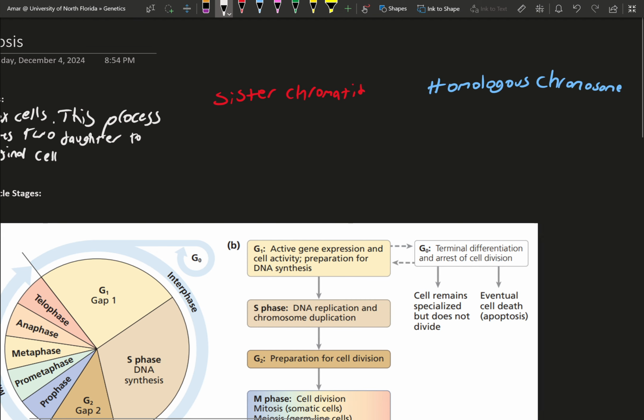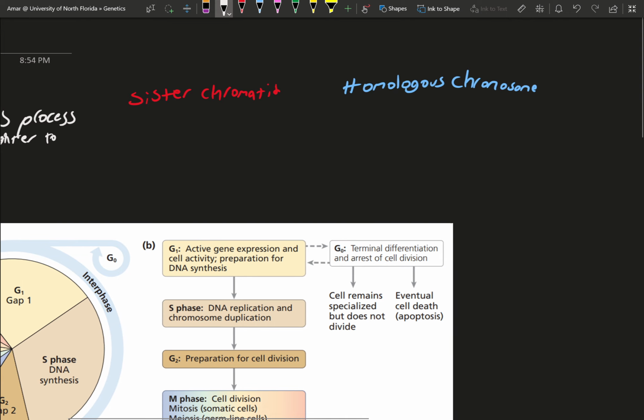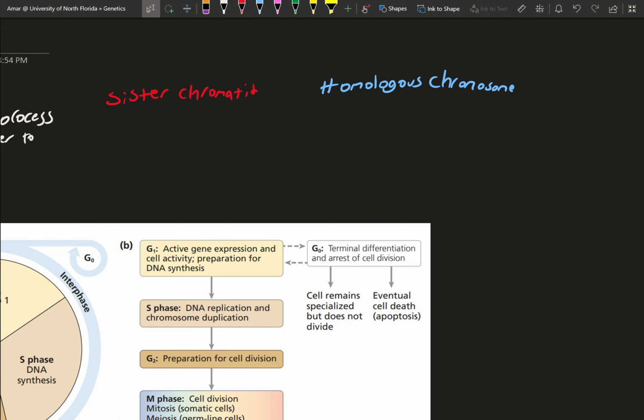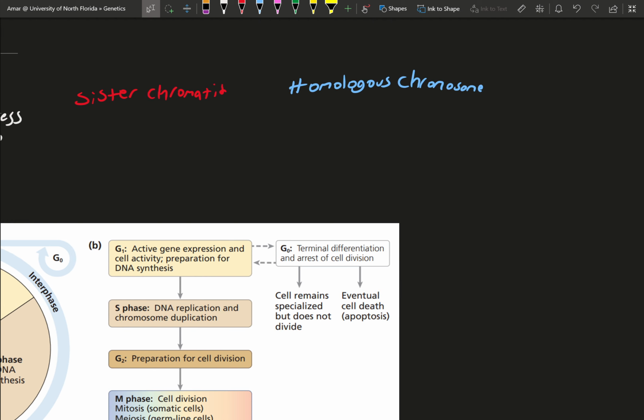So basically, what I have here is two terms that a lot of students sort of mix up during this time. Most of the time, people struggle on looking at which one is a homologous chromosome and which one is a sister chromatid. So let's quickly define these.